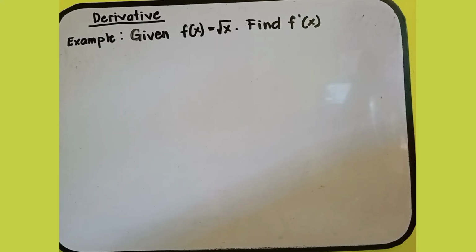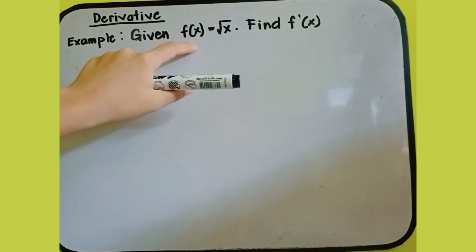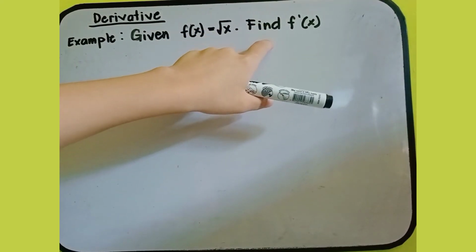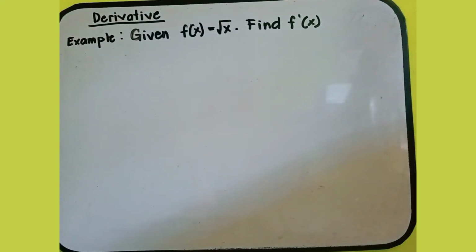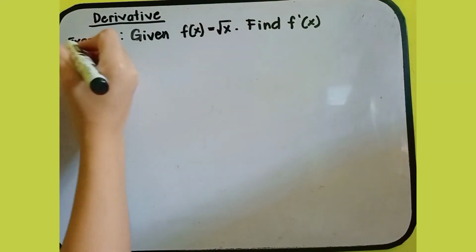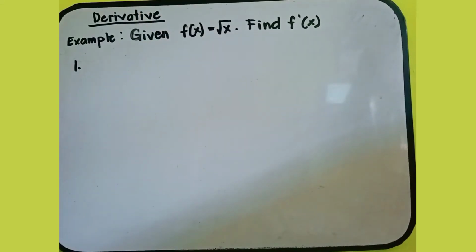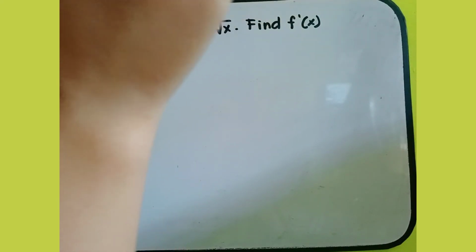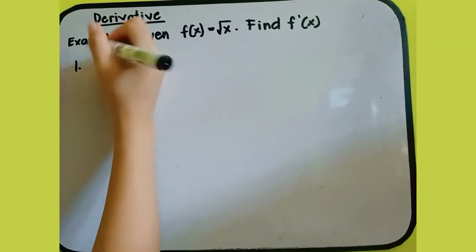For our next example, given f of x equals square root of x, find f prime of x. We will use the three-step rule to find f prime of x. So our step 1, of course, we write the difference quotient.